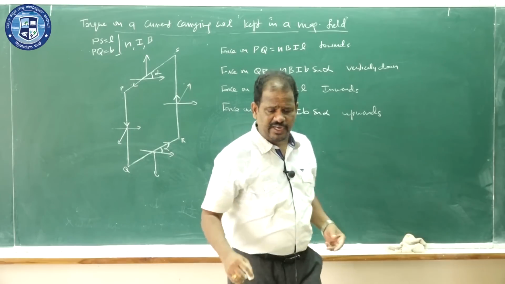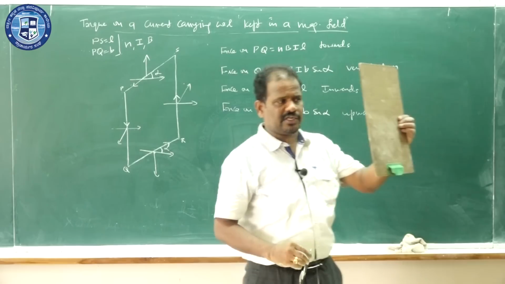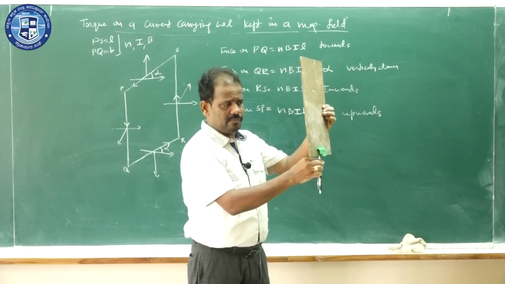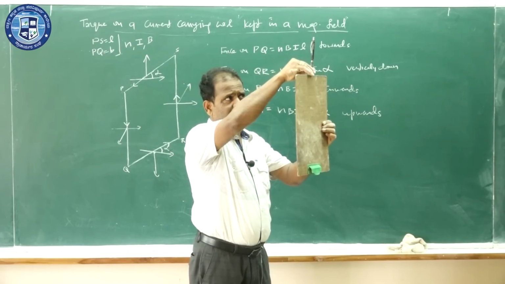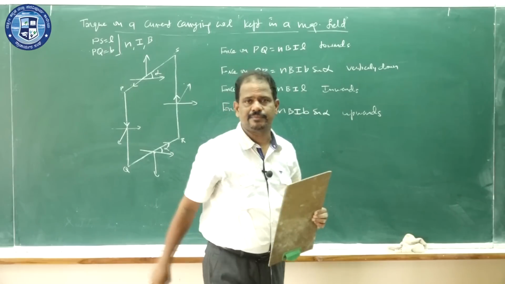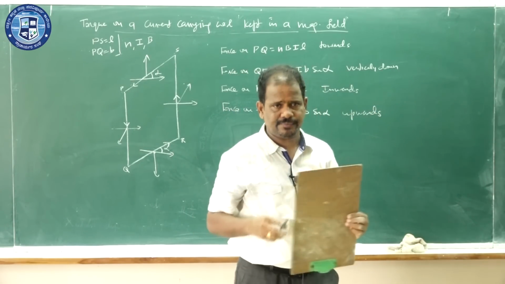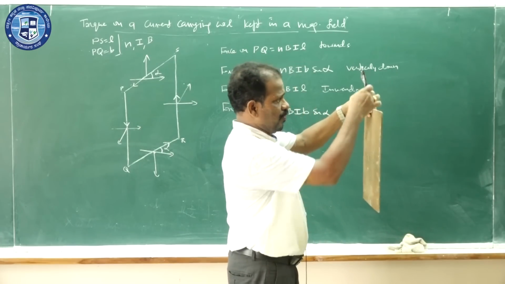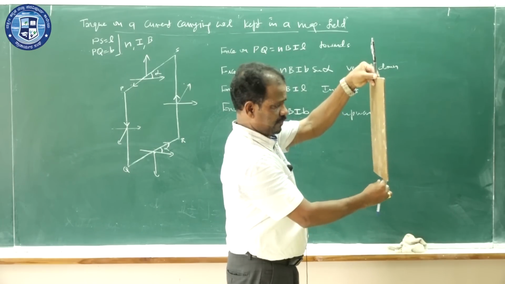So four forces are acting on the coil. Force acting on this is vertically down, towards you, up, away. Now you see the two forces acting on the upper and the lower parts. See it carefully. One force is here, another force is here.